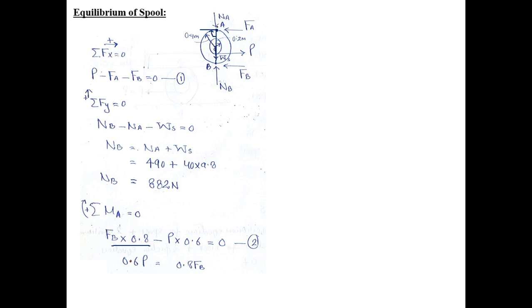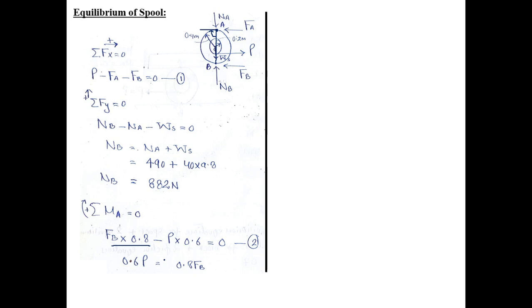This distance is 0.4, and the radius of the inner diameter is 0.2, so this is 0.6. So the moment arm is 0.6 for P, and it is anti-clockwise. So from this equation number 2, you get 0.6 P equals 0.8 FB. Now you have to get the value of FB to find the value of P, because our required end result is to calculate the value of P.